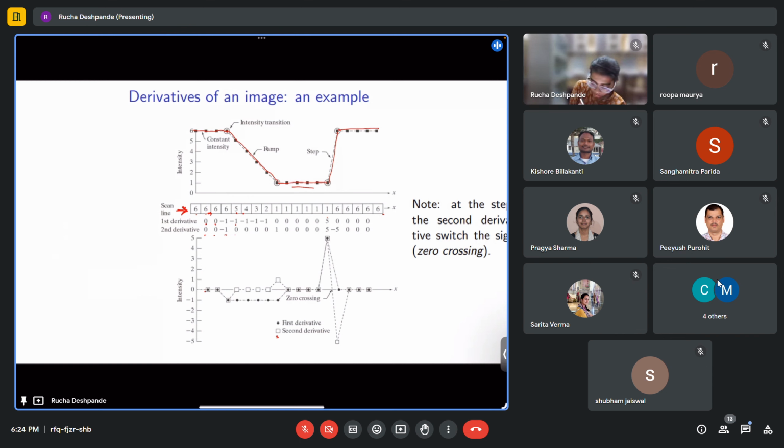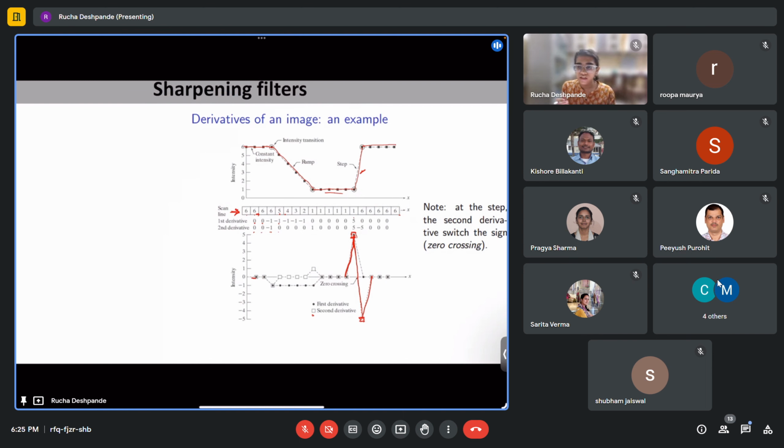Here the intensity change is not as much, but where there was a steep rise, the second derivative shows a very steep change. If this pixel is 5, the pixel next to it has the value -5. So the change over here is more sharp, and it will make the image appear sharper.